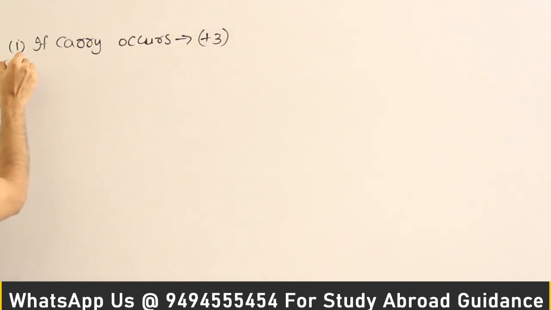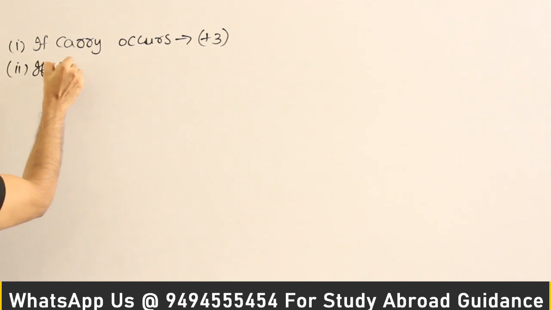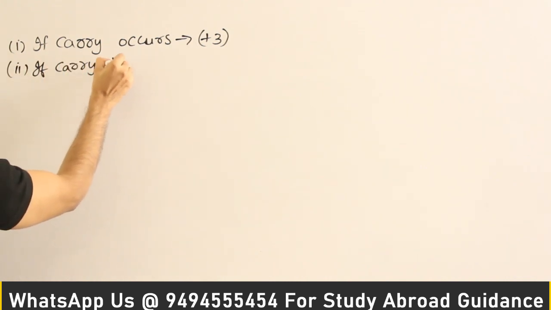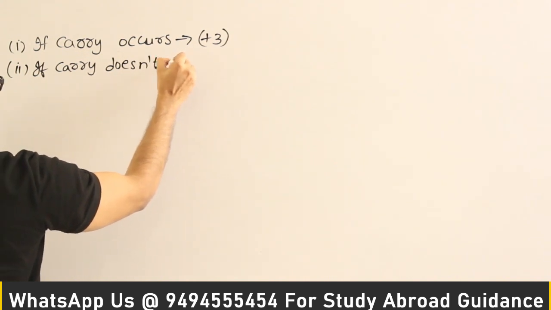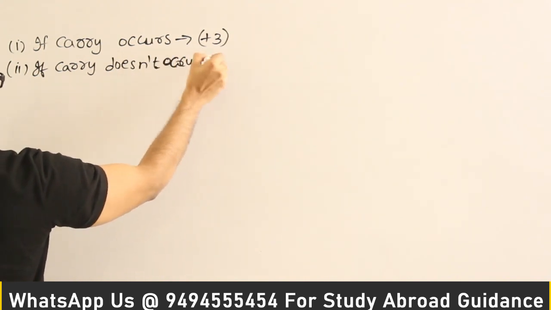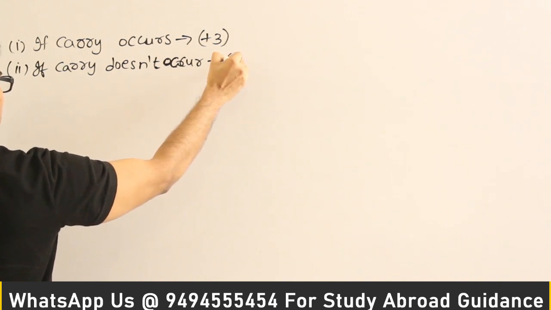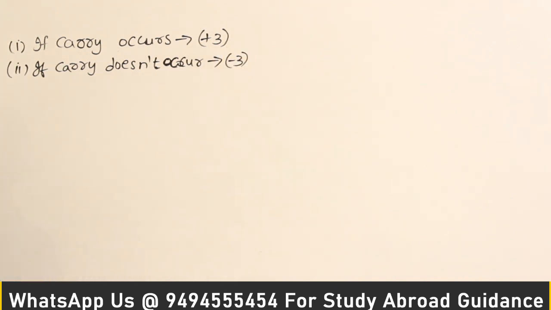And the second rule is, if carry doesn't occur, we are going to add minus 3. Why are these rules required? They are just derived from BCD only.